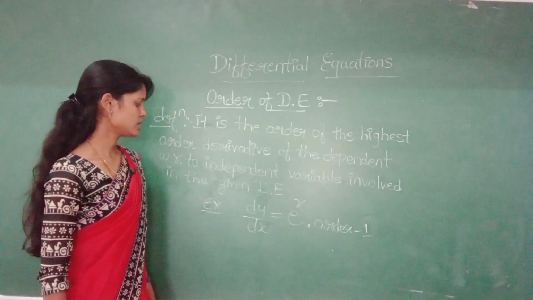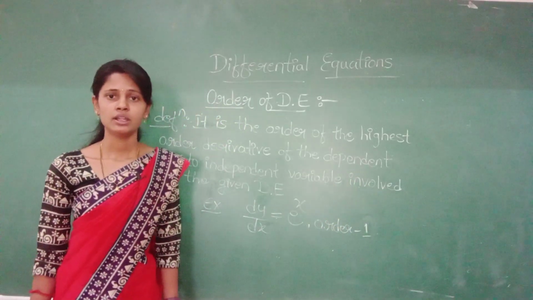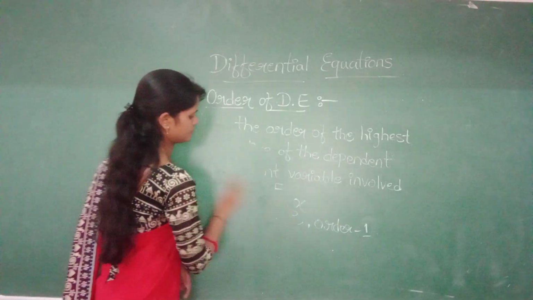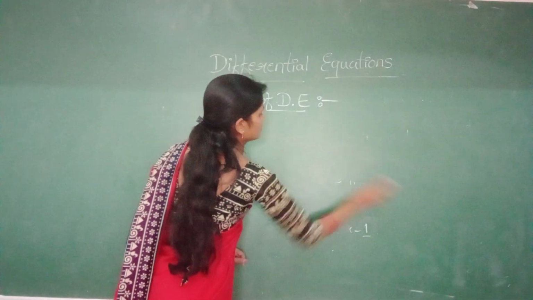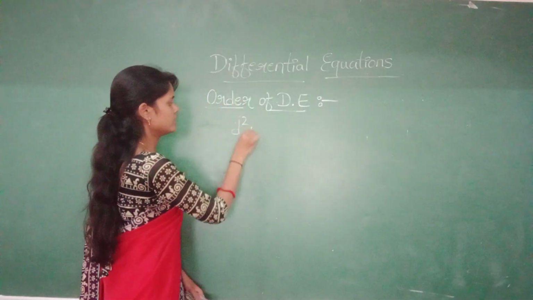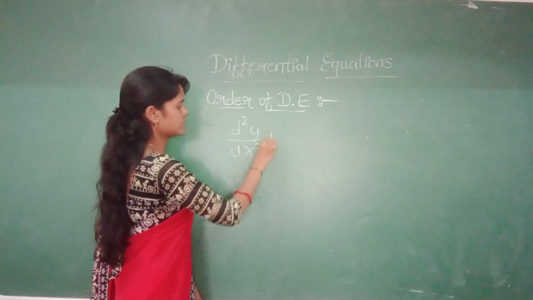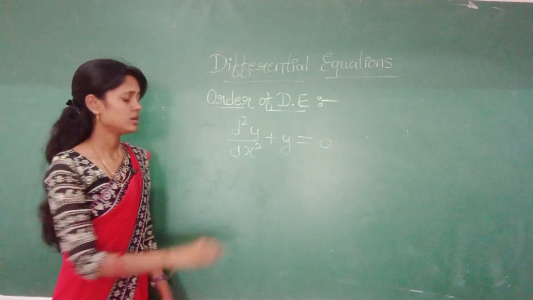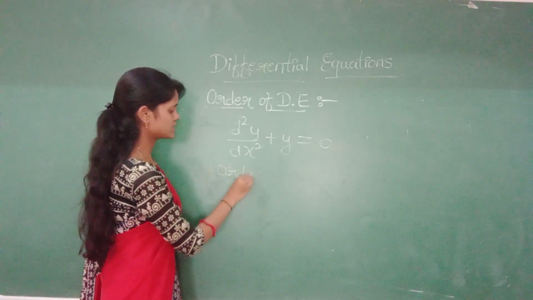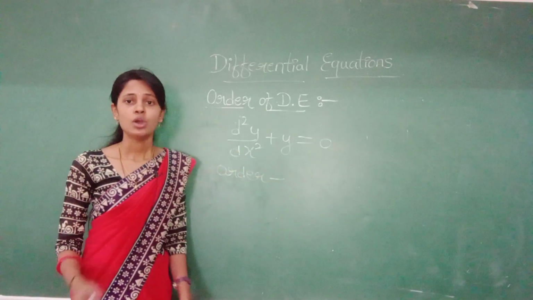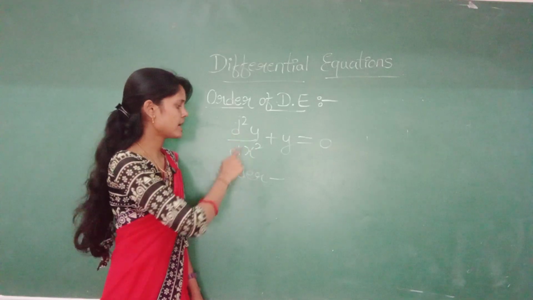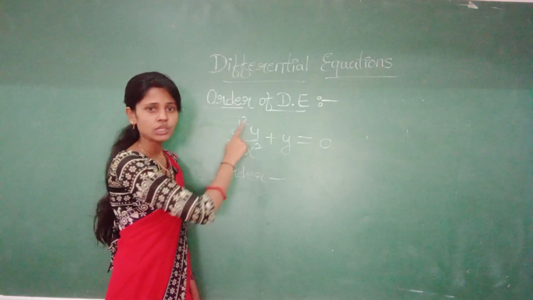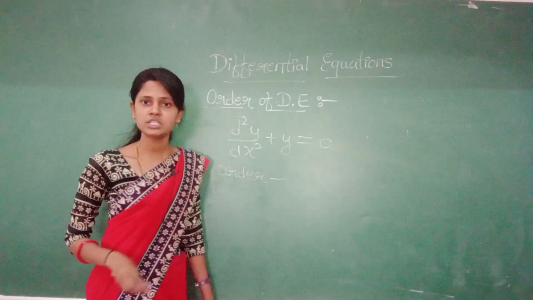Then, suppose I consider another example, d square y by dx square plus y is equal to 0. So what is the order here? Order must be taken as the highest order of the derivative. What is the derivative here? It is d square y by dx square, and the order of that derivative is 2. So therefore, the order of the given differential equation is what?